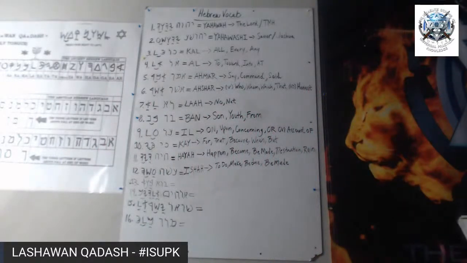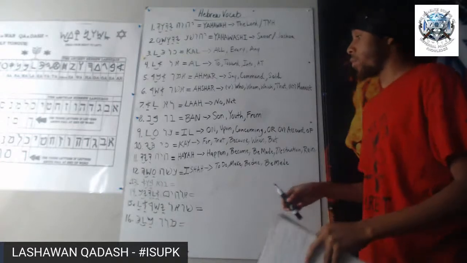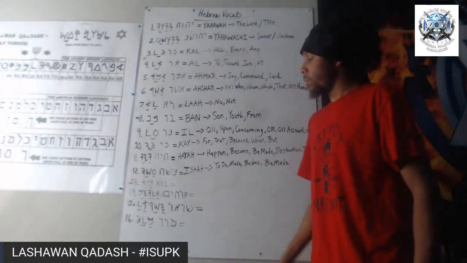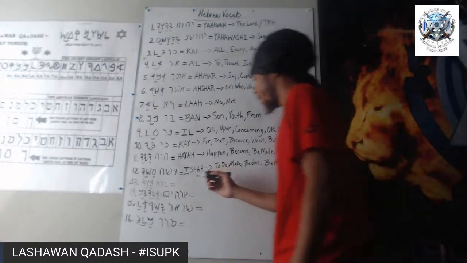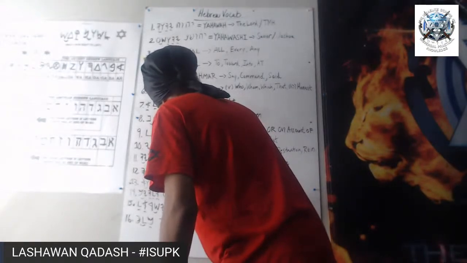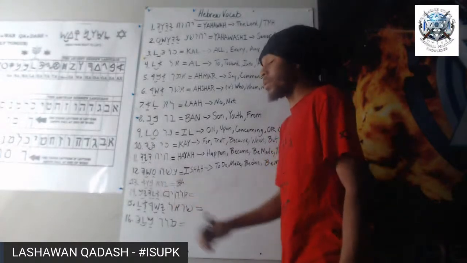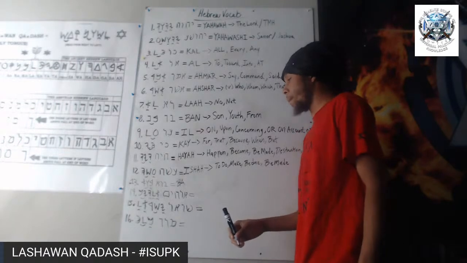All right, so we're on 13. Okay, so what is the first one? Ba. Yeah. Okay. Wa. Well, it's connected. So how would I write it out?